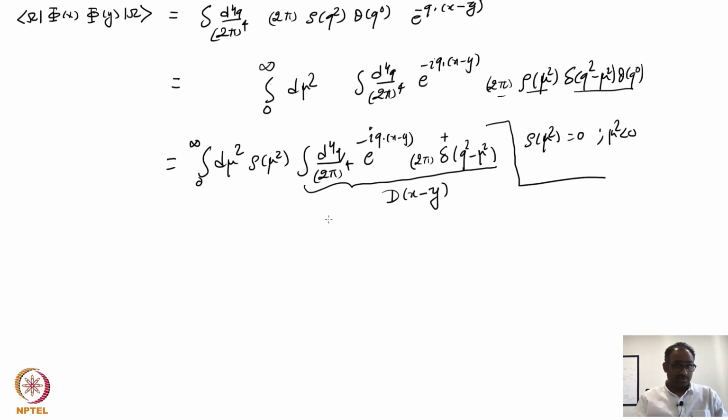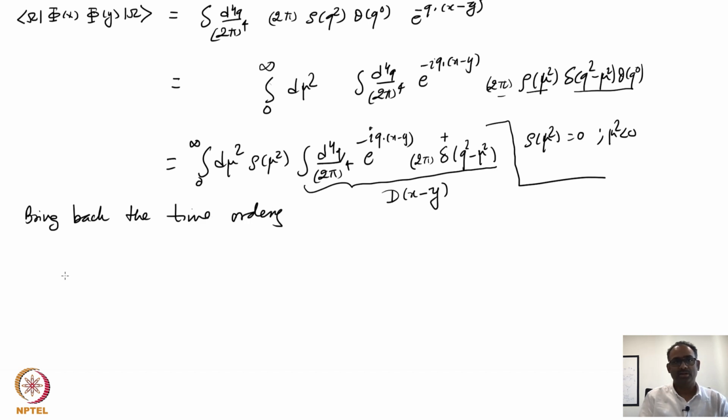Good. So let's now bring in the time ordering. So bring back the time ordering, and then I have omega, time ordered product of phi(x) and phi(y), and remember these could be composite operators, not necessarily elementary fields. Then this is what?